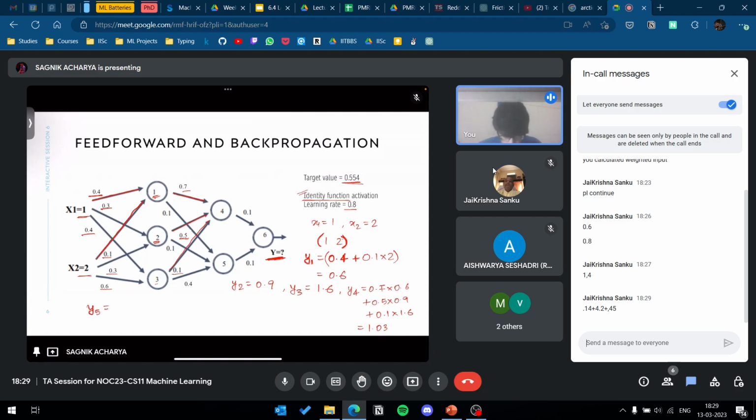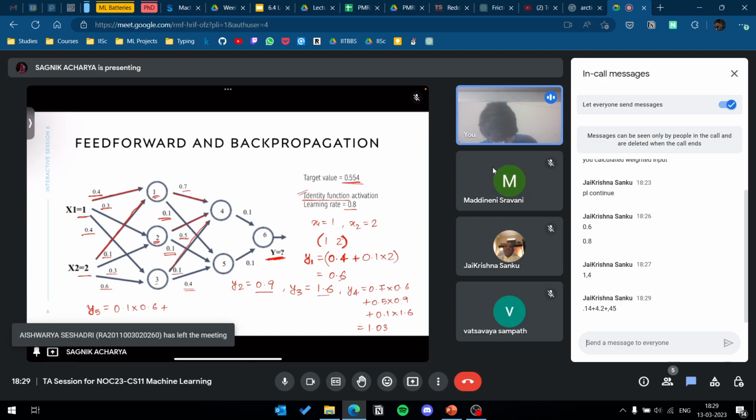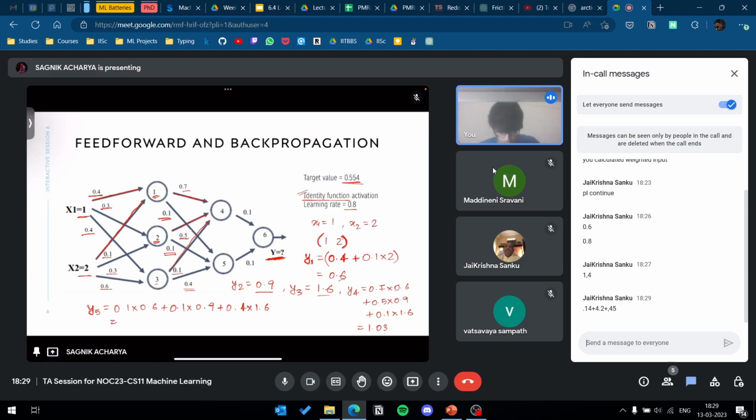So what is y5? y5 will be 0.1 times 0.6, so this weight times y1, which is 0.6, then this weight times y2, and this weight times y3. So 0.1 times 0.6, then 0.1 times 0.9 plus 0.4 times 1.6.